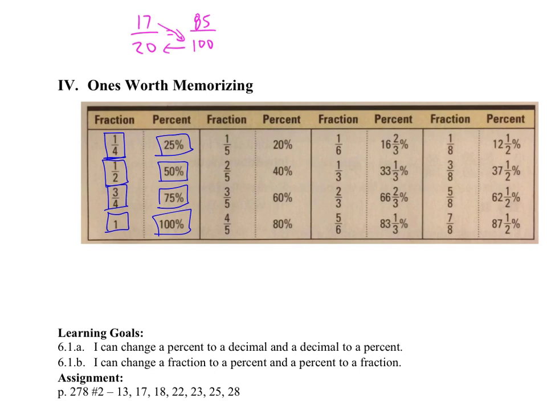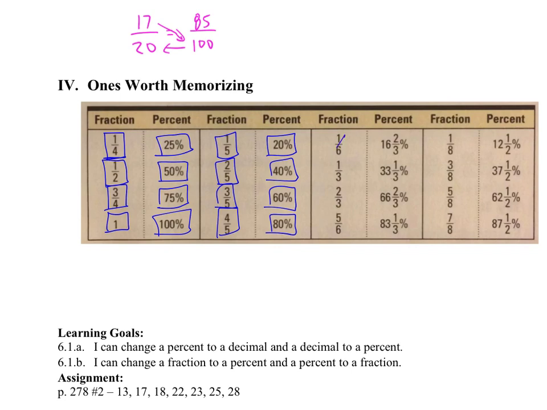Fifths are another one that are pretty quick and easy, I think. 1/5 is 20, right? 5 parts out of 100 is 20. And 2/5, 3/5, 4/5. Sometimes if you know 1/5, you can figure out 2/5 pretty easy, because it's just double that.